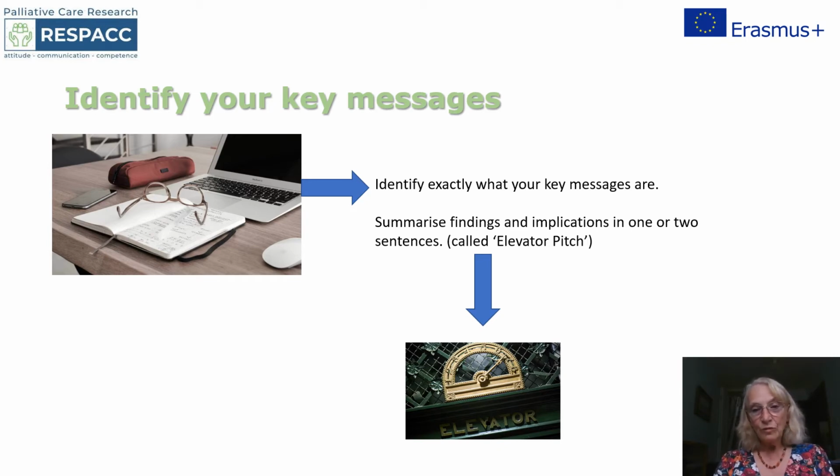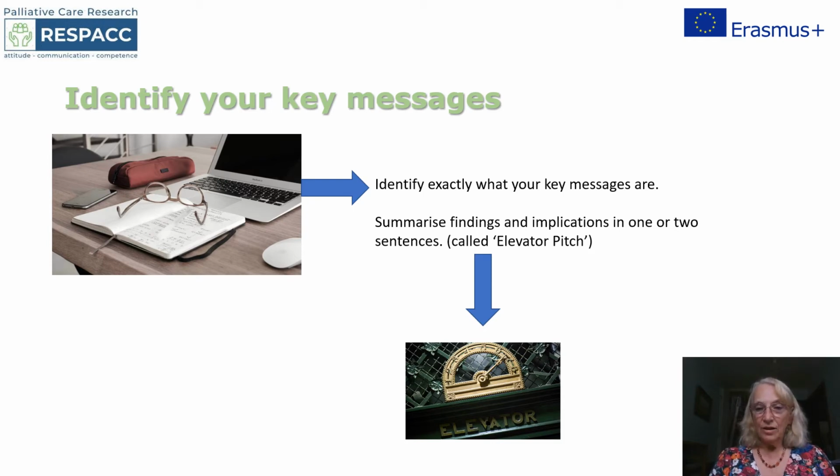You might have worked really hard for the last 3 years on your study and produced a huge volume of data, but you need to synthesize that down so that there are some clear messages, and the messages are likely to be slightly different depending on who you're communicating with.